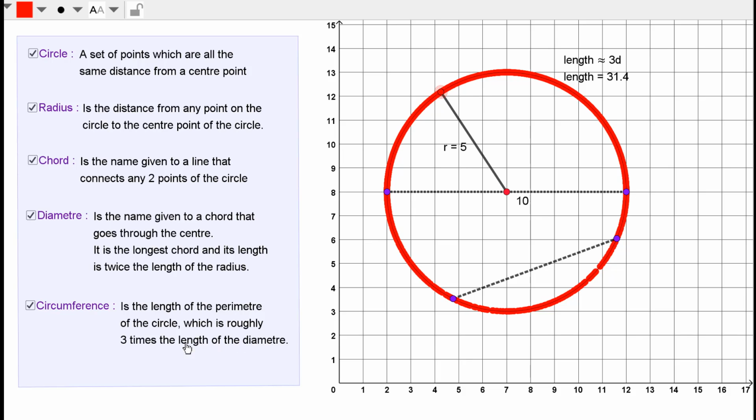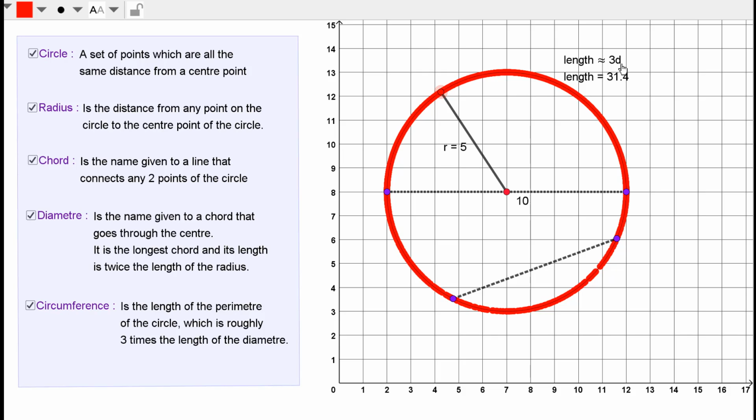And actually, the length of the circumference in a circle is roughly 3 times the length of the diameter. So can you see that here? The length of the circumference of my circle is roughly, that's the little squiggly equals, roughly 3 multiplied by d, 3 times the length of the diameter.